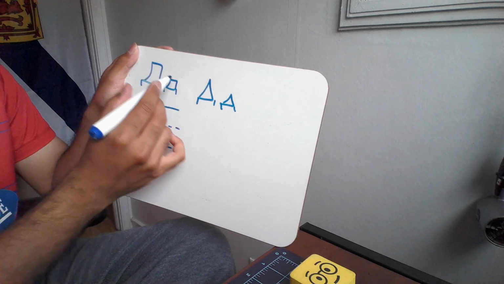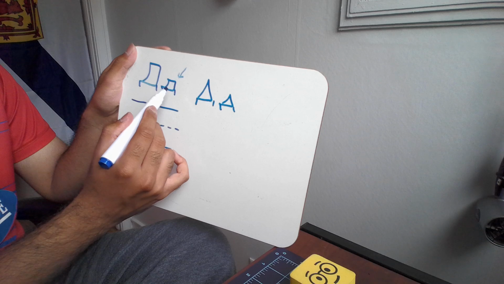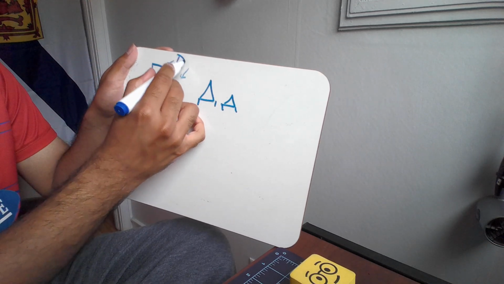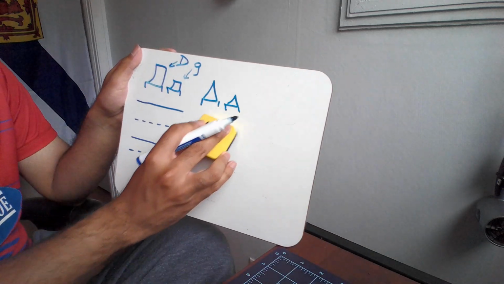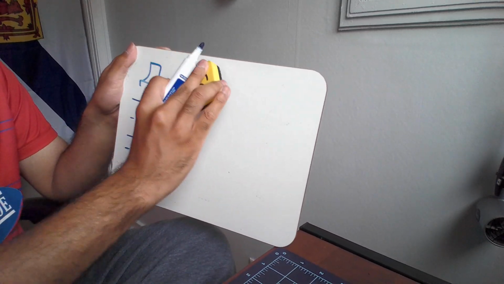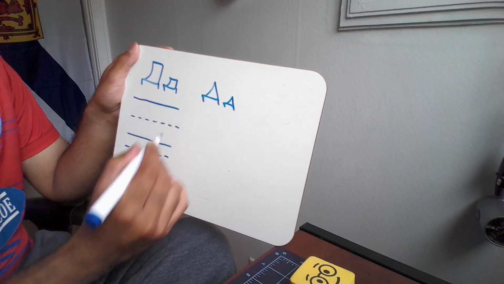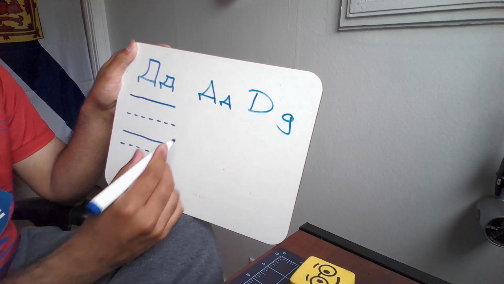And especially when people are printing, the lowercase, it's a very interesting combination. The capital letter looks like a D in English, and the lowercase letter looks like a G in English. So this happens for their cursive as well as their printing, is that you'll see some people that handwrite it like this, and you'll see some people that write capital D like this and lowercase d like this.